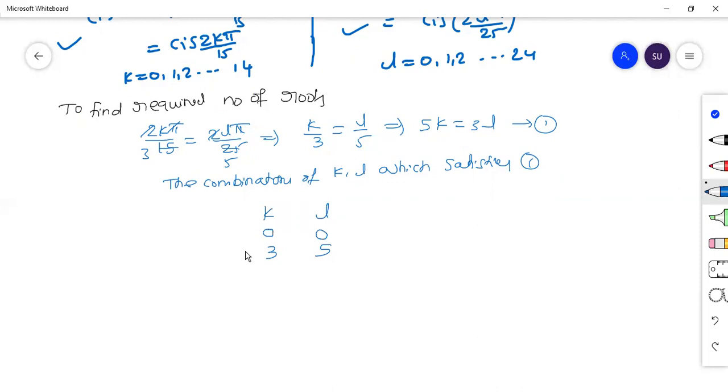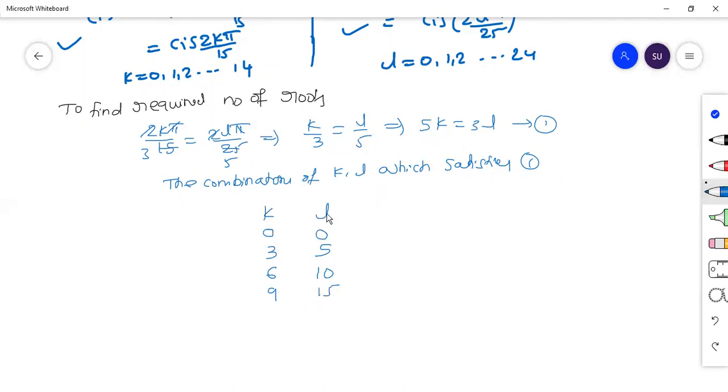Next, if I substitute 6 here, 5 sixes are 30, 3 tens are 30. Correct? Next combination, let us consider 9. 5 nines are 45, here L should be 15, 15 threes are 45.